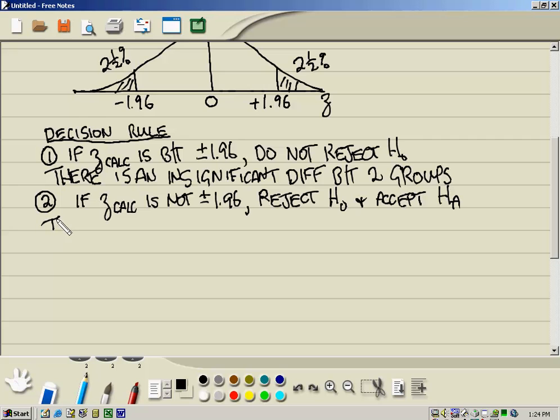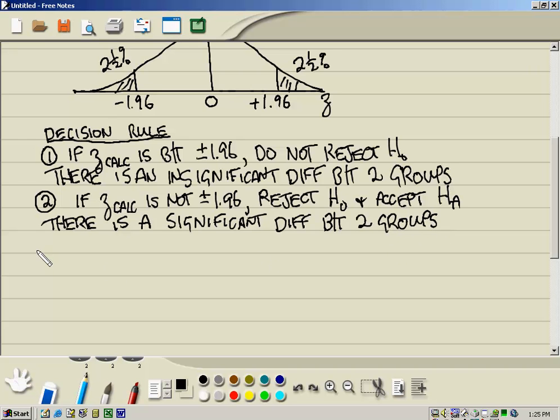And the interpretation again using significant, there is a significant or statistically significant difference between the two groups. Now if we go with the alternate, we have positive information.